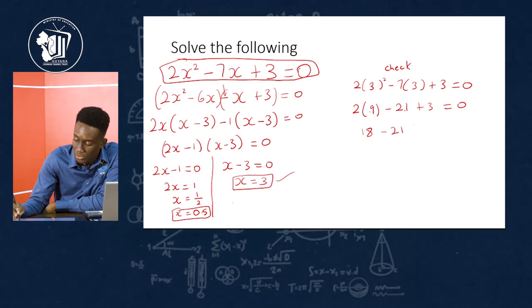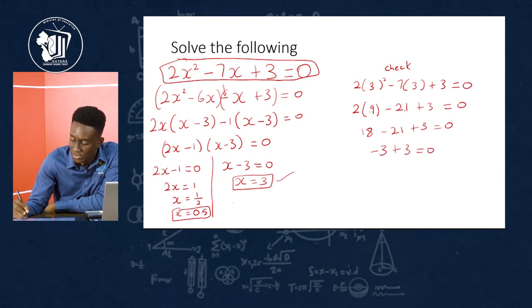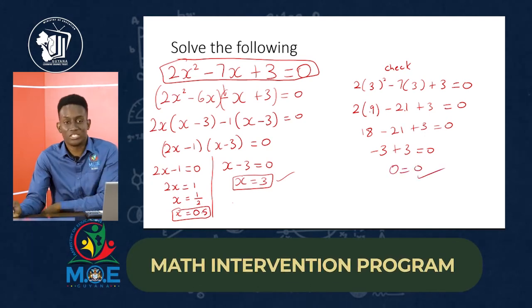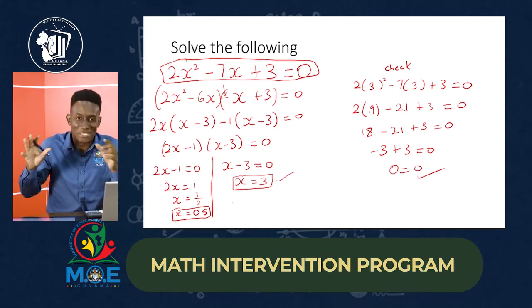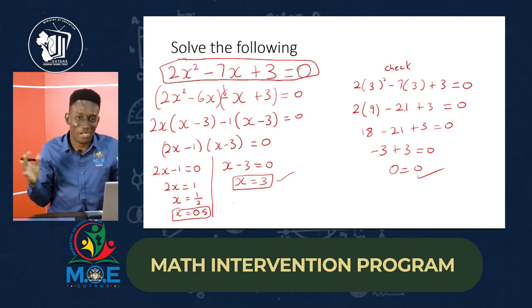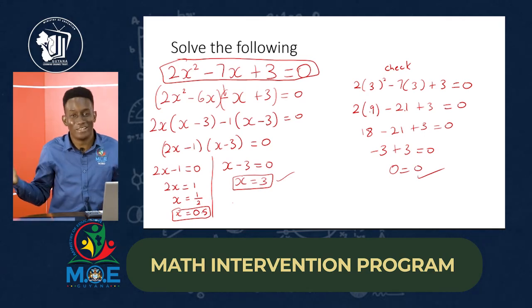Subtract 21 plus 3 would give you 0. 18 subtract 21 would give you negative 3 plus 3, and that will give you 0. So that checks out as well, and we know our answer is absolutely correct. And if we see a question like this, we can leave the exam room after checking, knowing that we gained all of these marks.